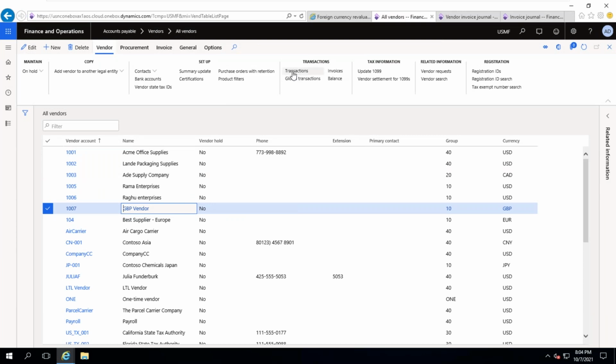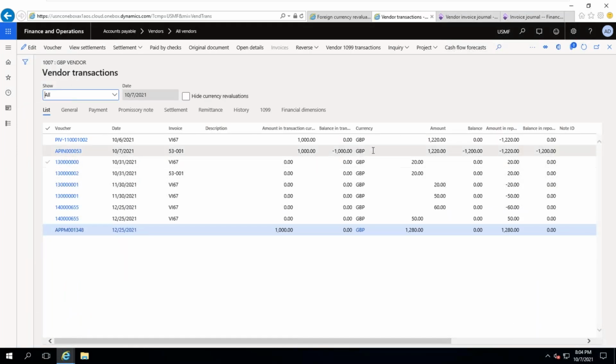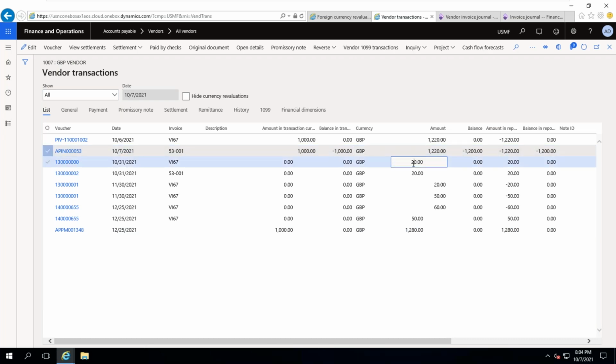If you look at the transactions, the 20 is a month-end process. It gets reversed usually at the beginning of the period in most cases, like in the US. So what happens is it's a debit to unrealized gain or loss if it is going to be a loss, and credit to an adjustment account, correct? Yeah, exactly. And at the beginning of the period it gets reversed, so the net impact is immediately zero.